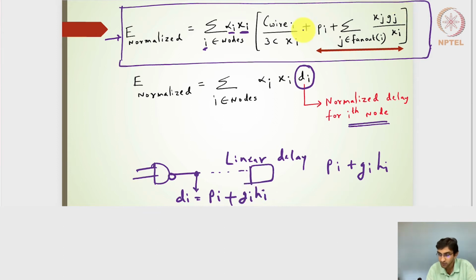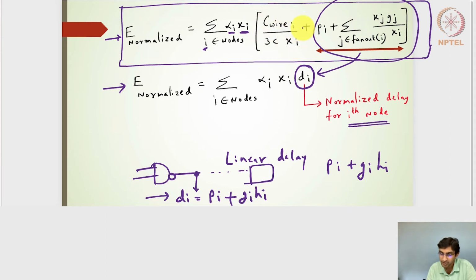If I look closely at this expression, pi plus summation of xj gj by xi, I have stated this as the di expression. So somewhere our linear delay expression and this expression should match. Although I have stated the wire capacitance here, in the next expression I have stated alpha i, xi and di. So di is pi plus gi hi, and this should resemble the linear delay model.